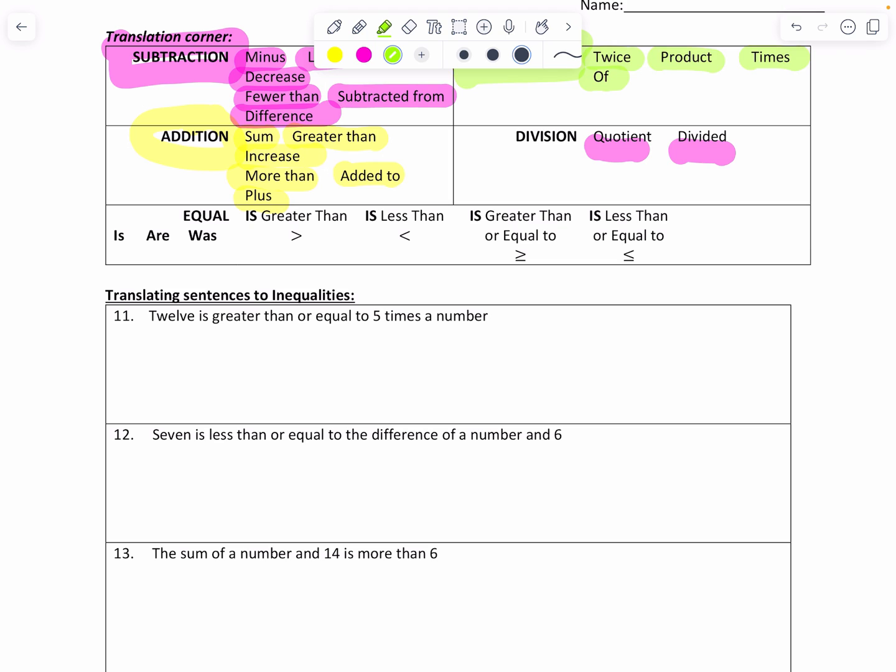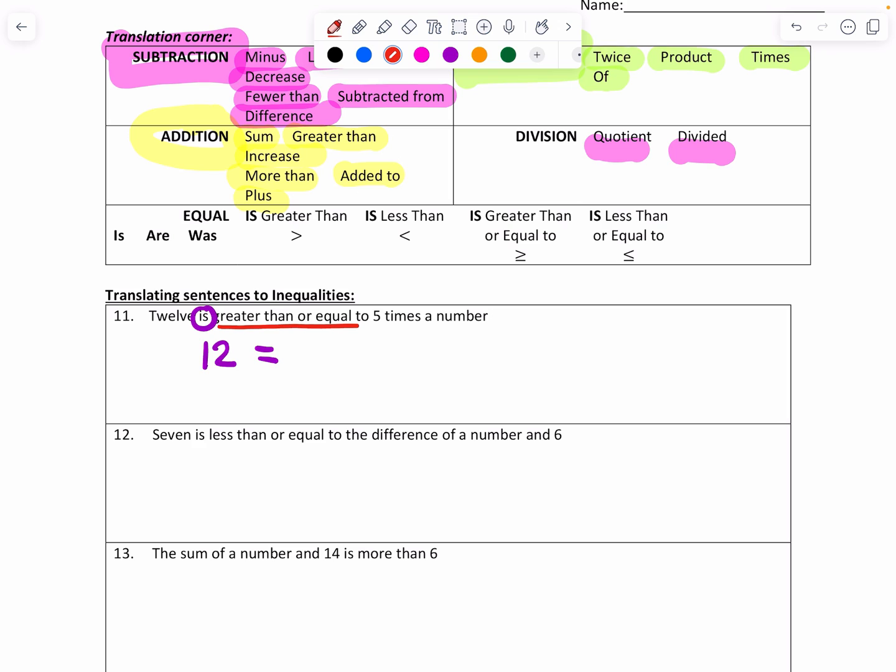Okay, so on number 11, it says 12 is greater than or equal to 5 times a number. Okay, 12 is means equals. Greater than or equal to, though. Oh, that's a little bit different. Greater than or equal to.